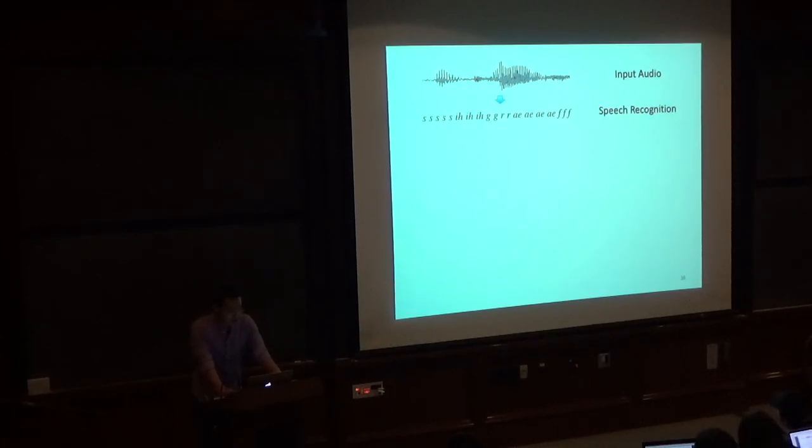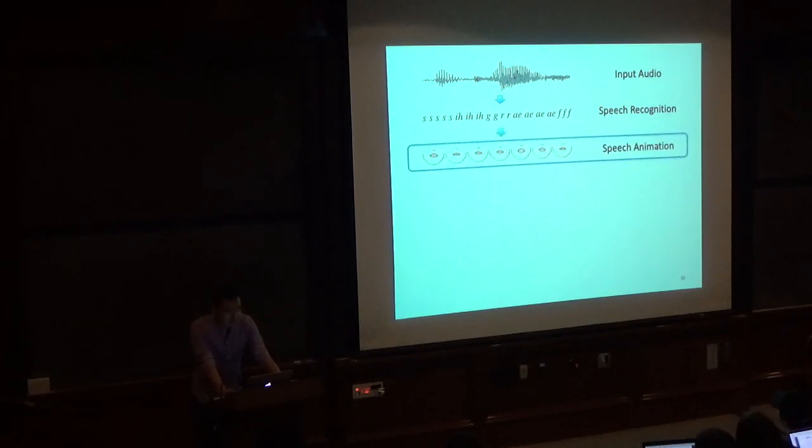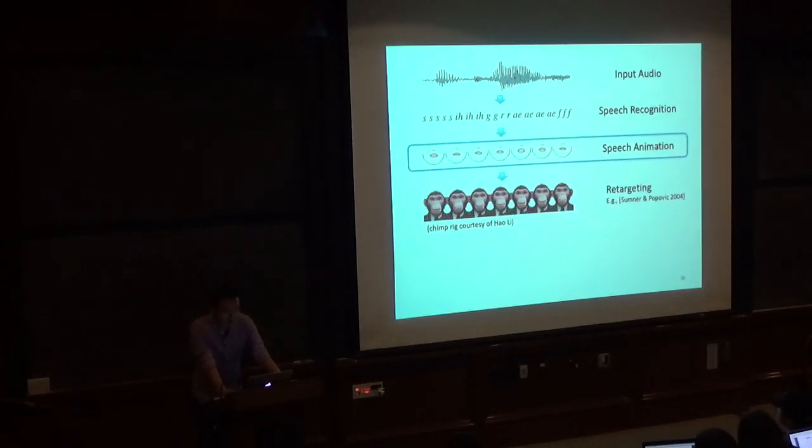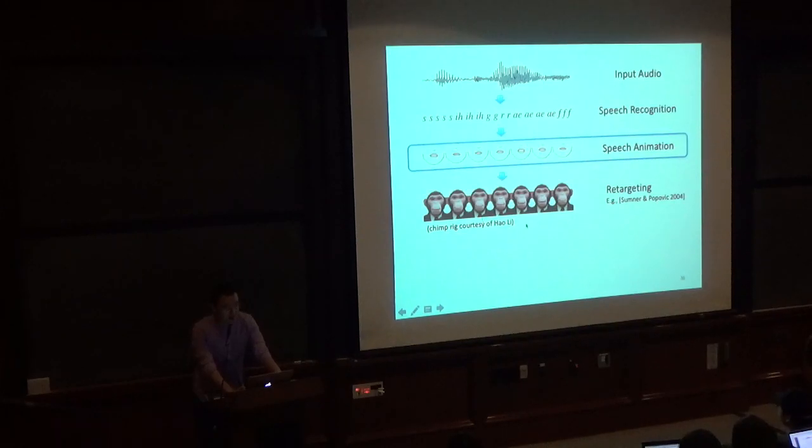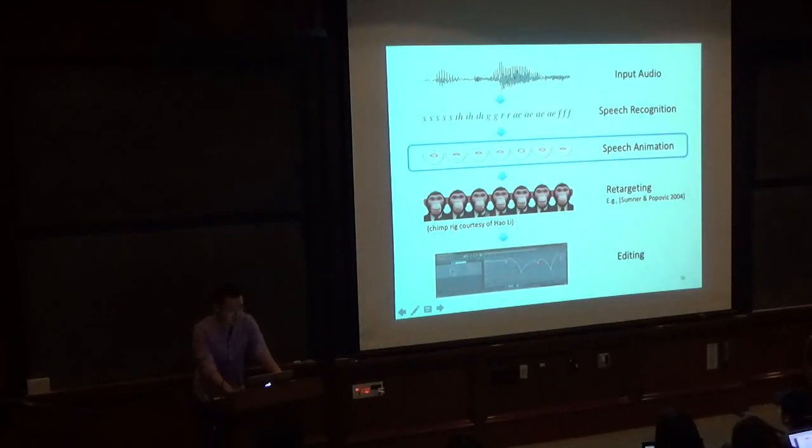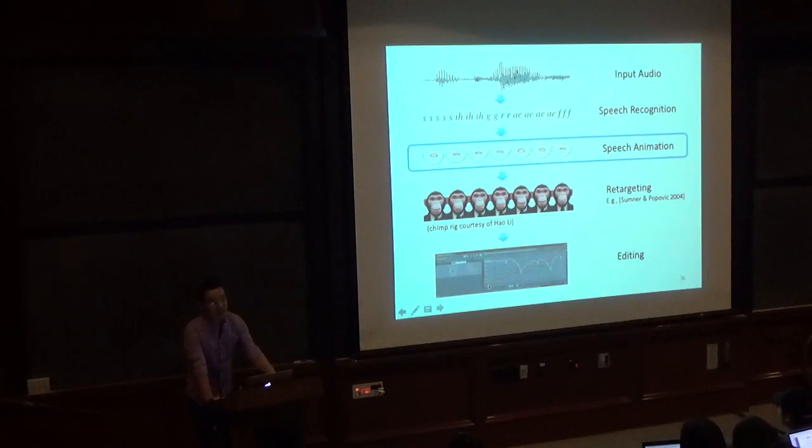You take that speech recognition, you feed it into our approach, and then you do off-the-shelf computer graphics techniques called retargeting to retarget from our model of Ken's mouth to any animated character. Then you can import this animation into editing software such as Maya, where an artist can add low-frequency animations, such as smiling, on top of our high-frequency animations for the lips.